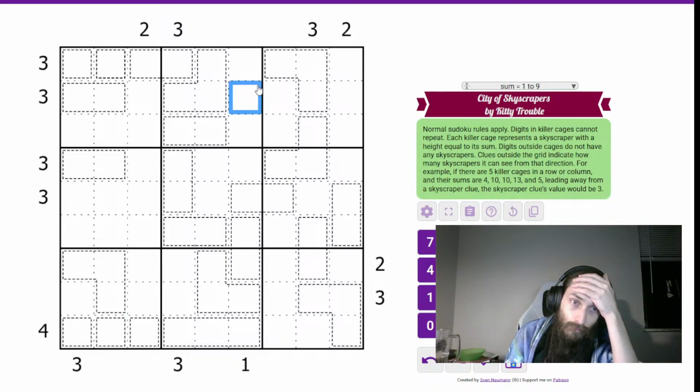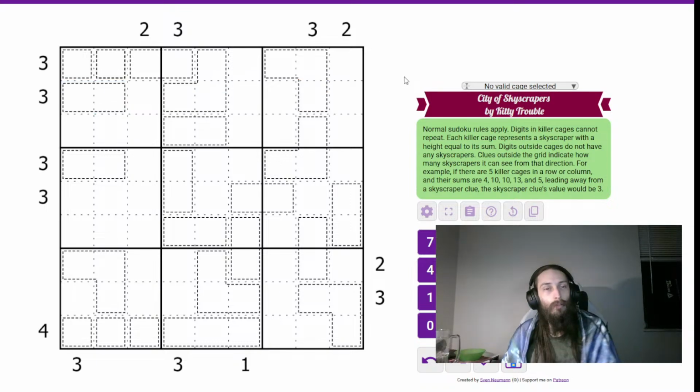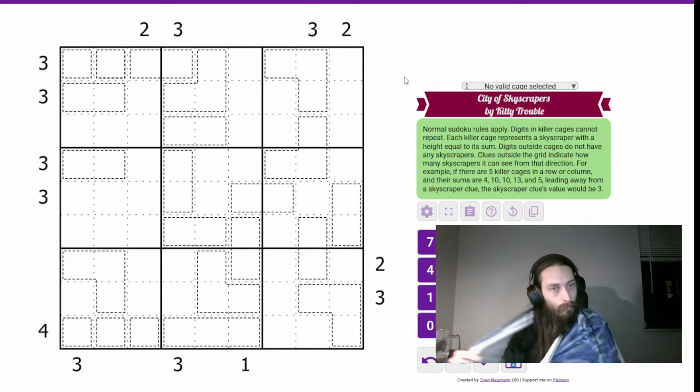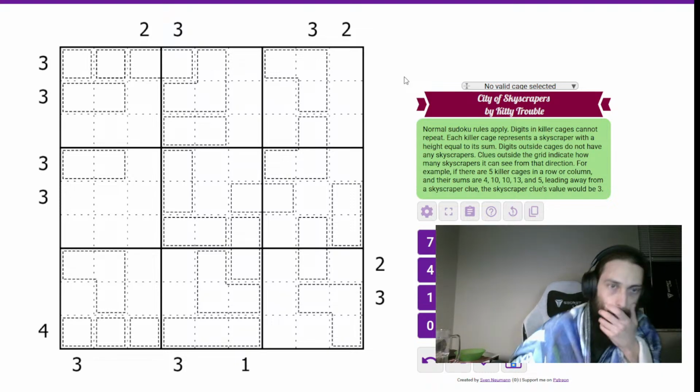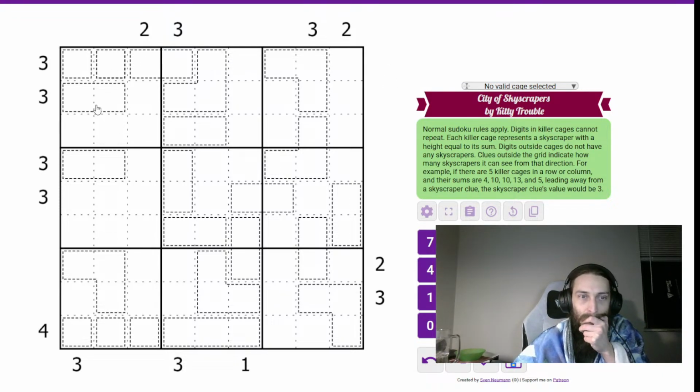Well, row 1, there are 5 buildings in that. But row 2 only has 3. 1, 2, 3. Okay. So we see all 3. Row 4 is the same way. It sees all 3 of those.